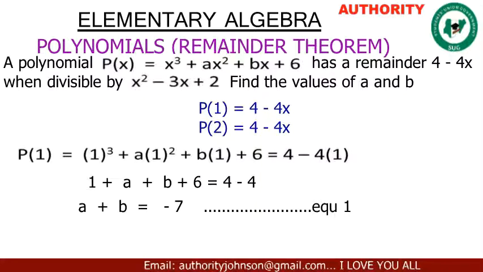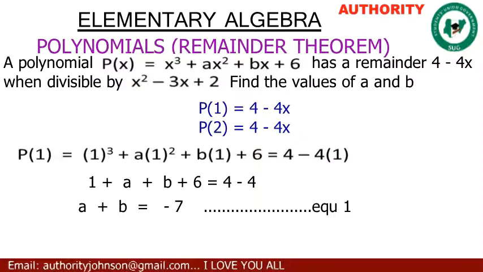Then we have plus b times 1 will give you b, plus 6 is equal to 4 minus 4 times 1 will give you 4, and 4 minus 4 will give you 0. Now let's go. We are having 1 plus a plus b plus 6 is equal to 0.